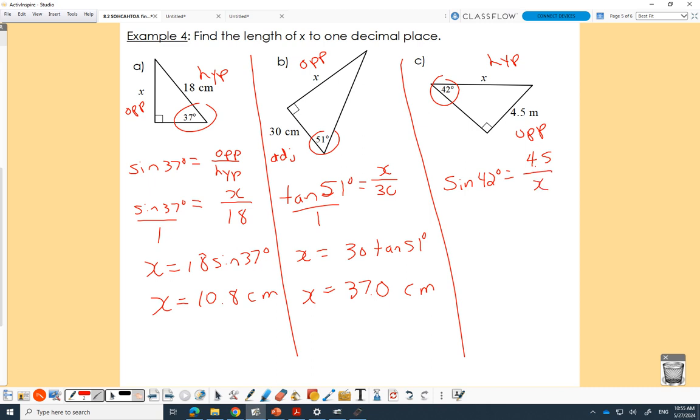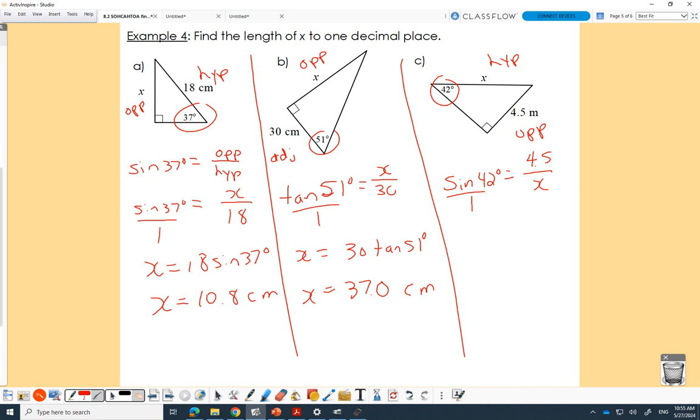What just happened? Why is this big trouble? It's not big trouble. Why does this seem like it's big trouble? Because the x is in the bottom. Is that a problem? No, not at all. Put this over 1 and cross multiply.